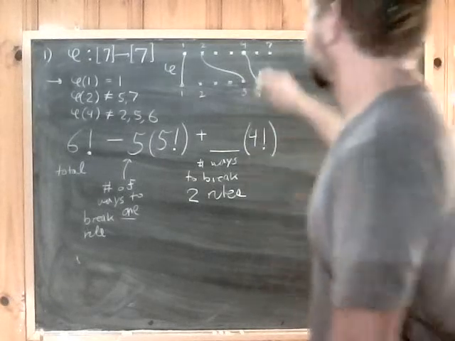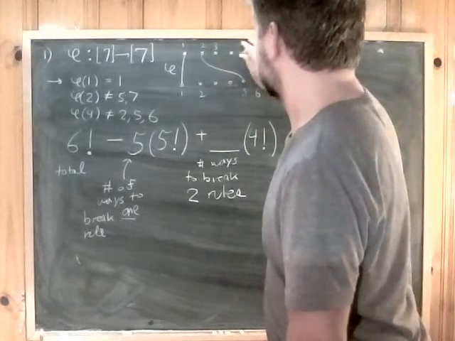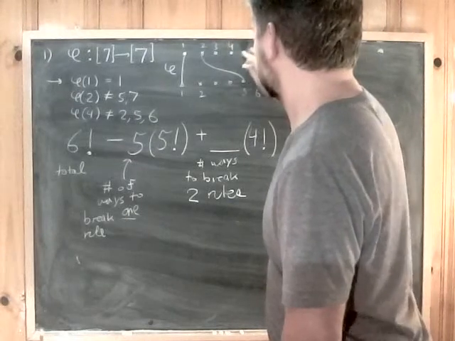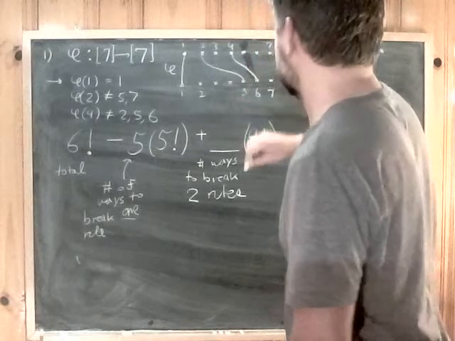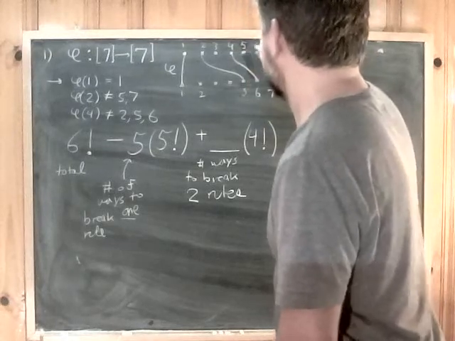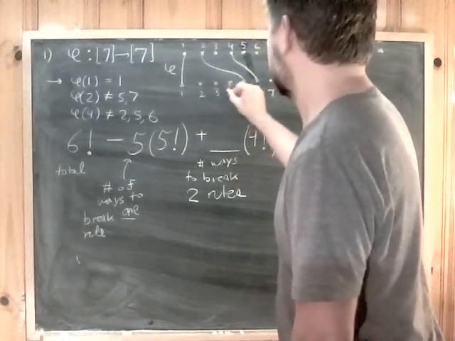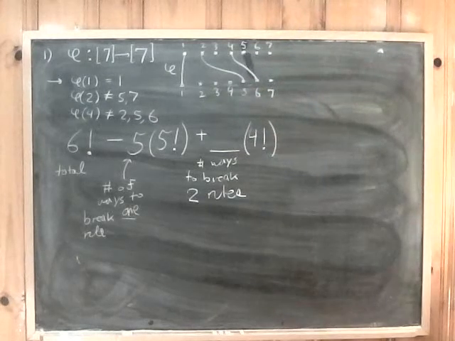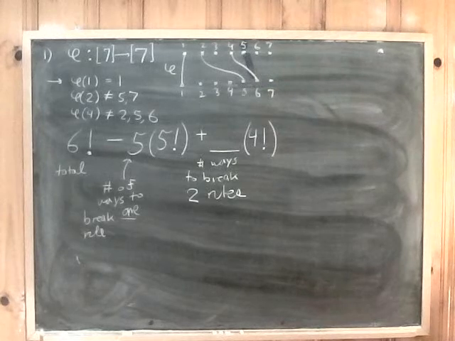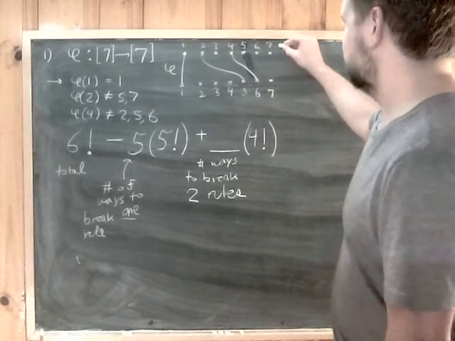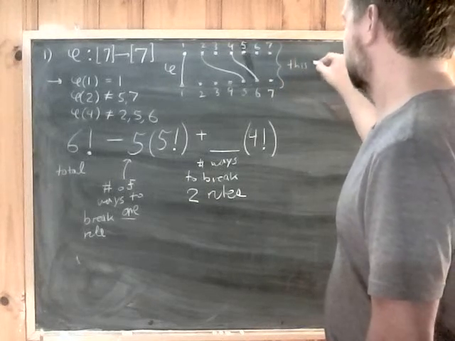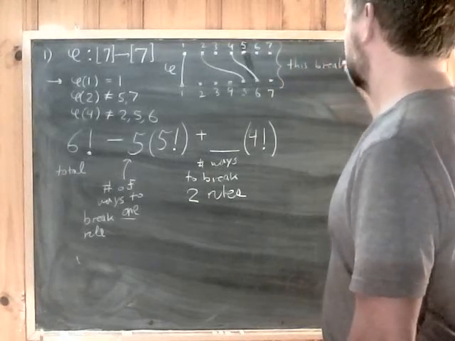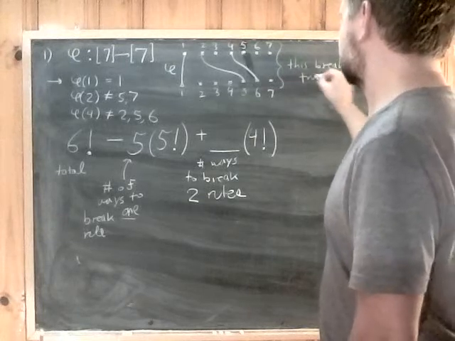I should actually number these. I was going to send 4 to 6, so that's better. Now it's correct, or now it's doubly bad, whichever way you want to think about it. I'll leave this one as a picture and label it. This breaks 2 rules.